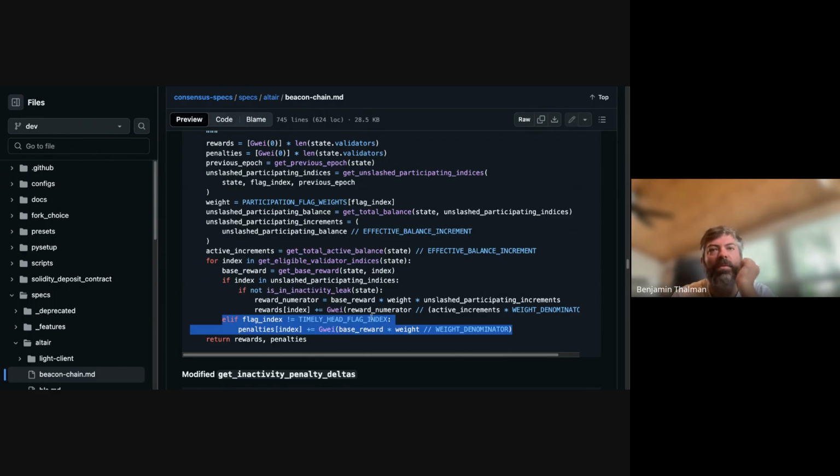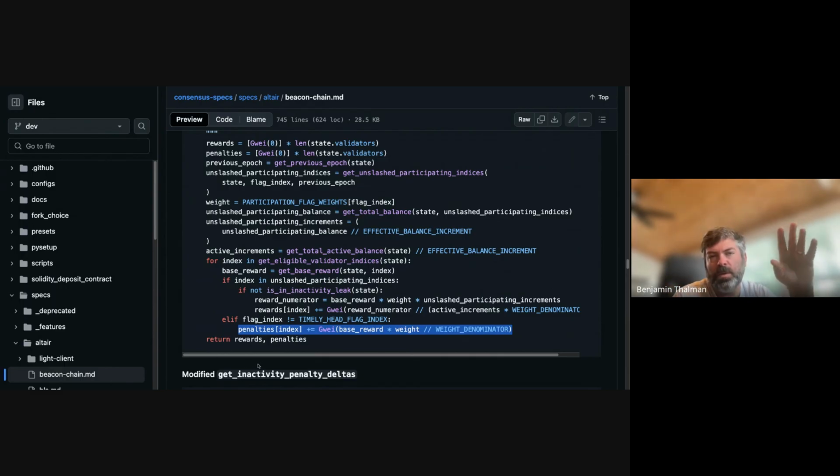And so that's why you have this not equal to timely head, because it doesn't carry a penalty. So this condition pertains to slashed validators, and it's ignoring the timely head flag. For everything else, the penalties for this particular validator, which is identified with index, you're adding a penalty. So this is the calculation that gives you your quote unquote downtime penalty. This is where it begins.